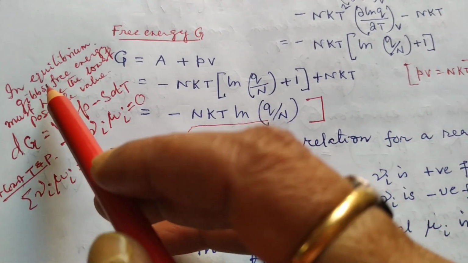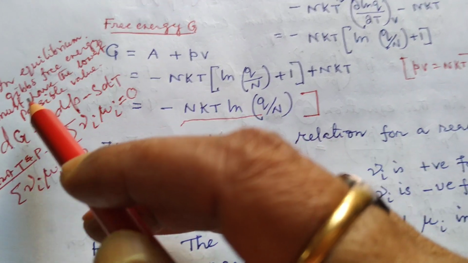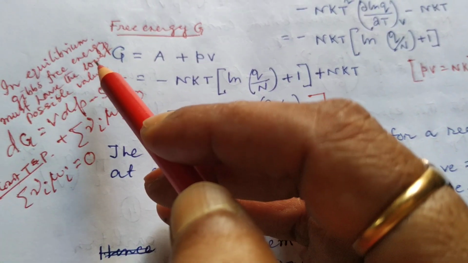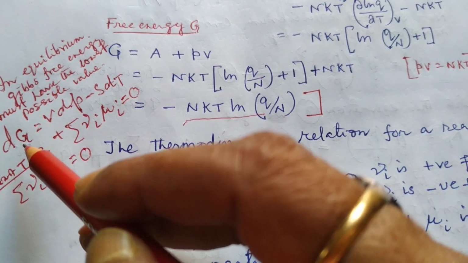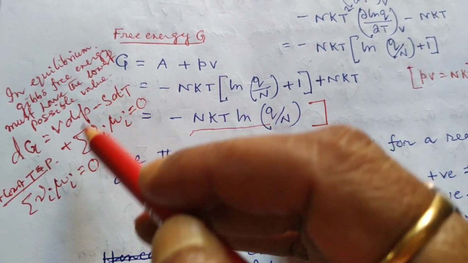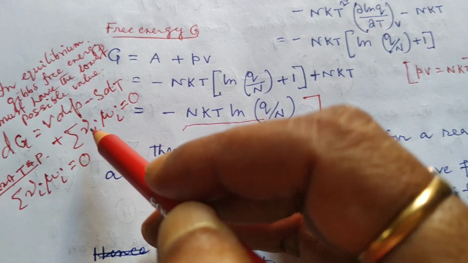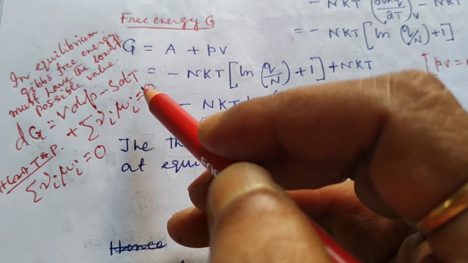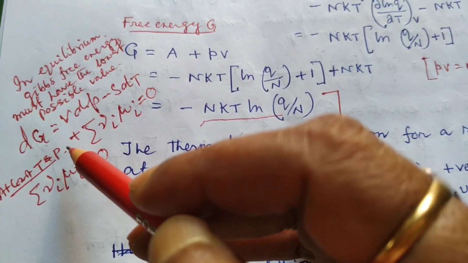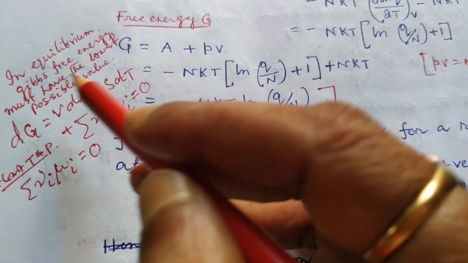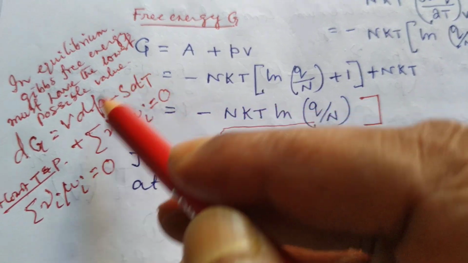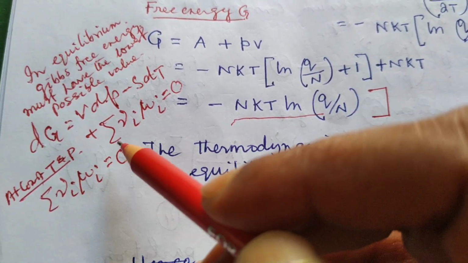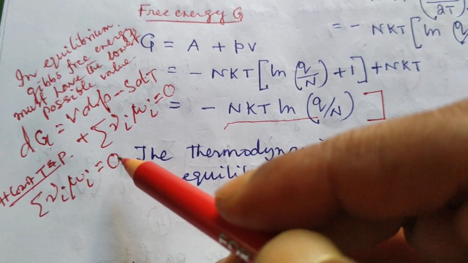We know that in equilibrium, Gibbs free energy must have the lowest possible value. Therefore, dG equals V dP minus S dT plus sigma nu_i mu_i equals 0. At constant temperature and pressure, the first two terms equal 0, so we get sigma nu_i mu_i equals 0.